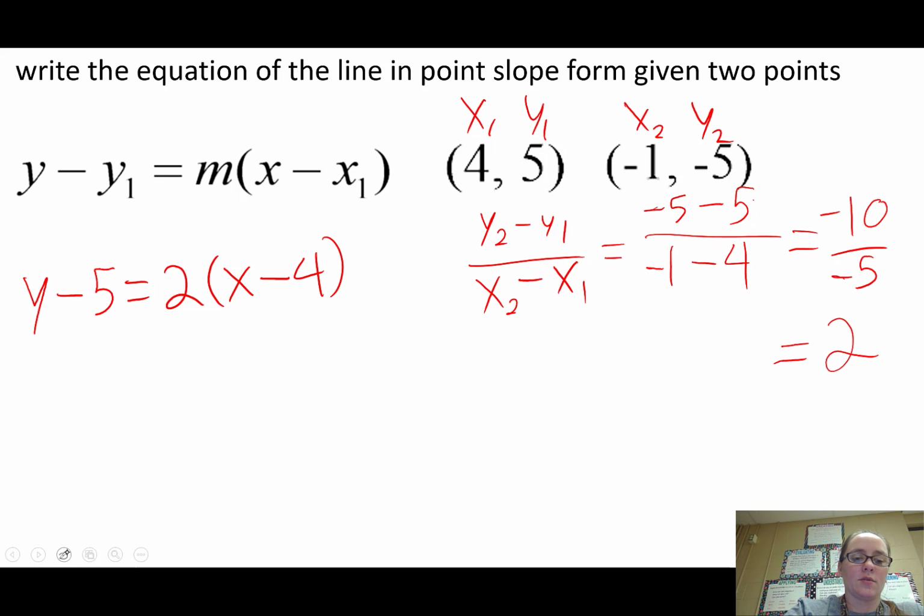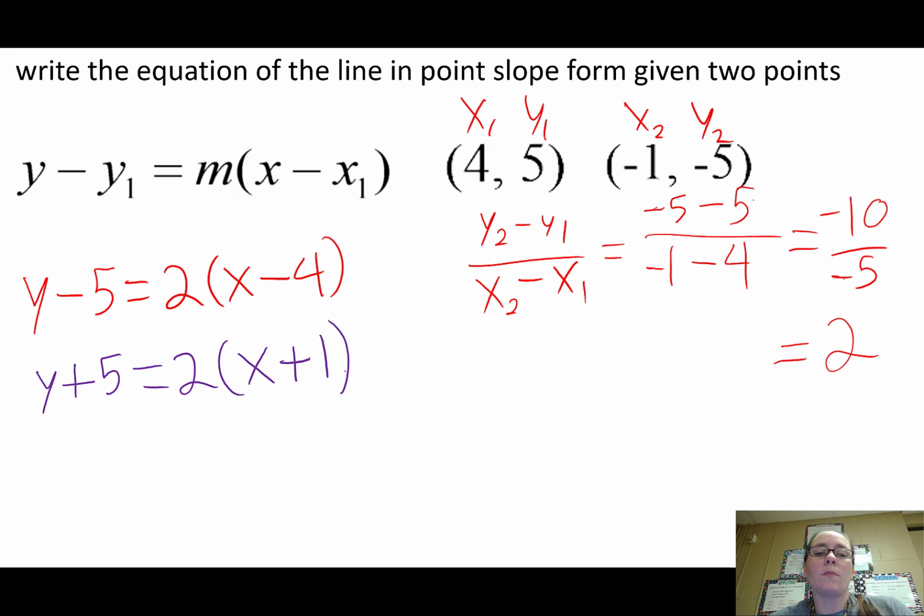I could also use the other point and do y minus a -5, which becomes +5, equal to 2 times x minus a negative 1, which becomes plus 1. So both of those equations are correct. And again, in the next video, we'll talk about how it doesn't matter which one, it is still going to be the same line.